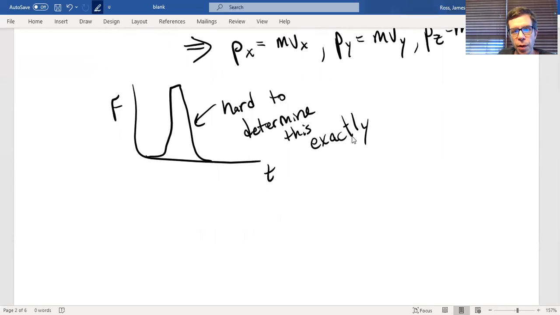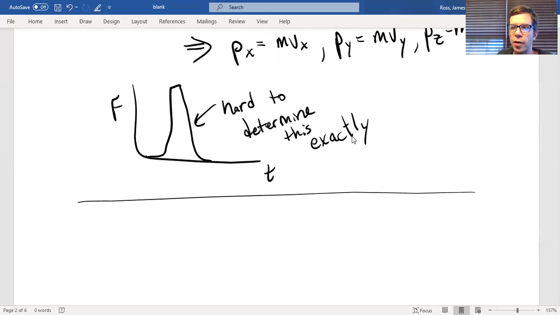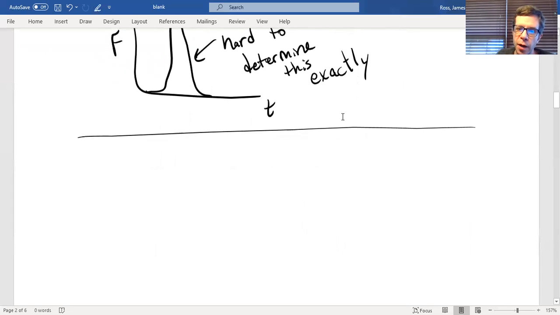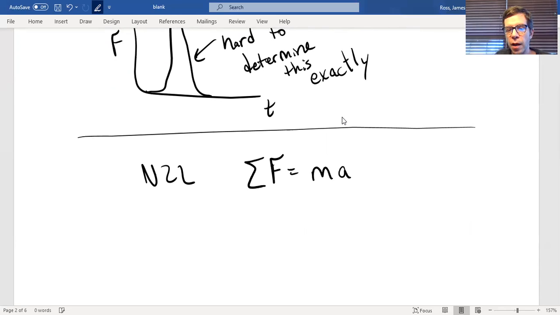So what else do I want to talk about for momentum in this section? I just want to point out that Newton's second law was originally presented in terms of momentum. So let's start with what we have. The sum of forces equals ma, and we're going to do the same thing we did before.